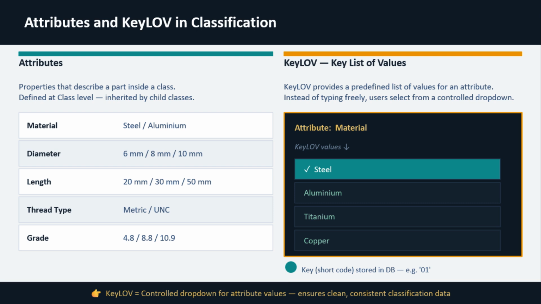Without key LOV, different engineers might type different values for the same material. That makes search unreliable. With key LOV, everyone selects from the same list. The data is clean and consistent, and that makes search and reuse much more reliable.